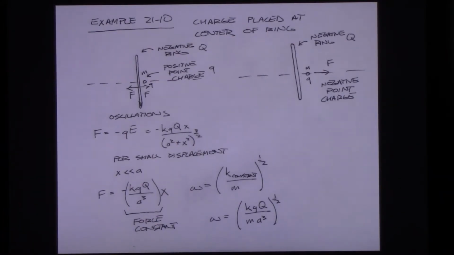Okay, so it's a good example of how to determine whether we are going to have oscillatory motion with a stable equilibrium, or something unstable where the two objects just separate from each other. Now, for the oscillations, let's take a look at this a little more carefully.